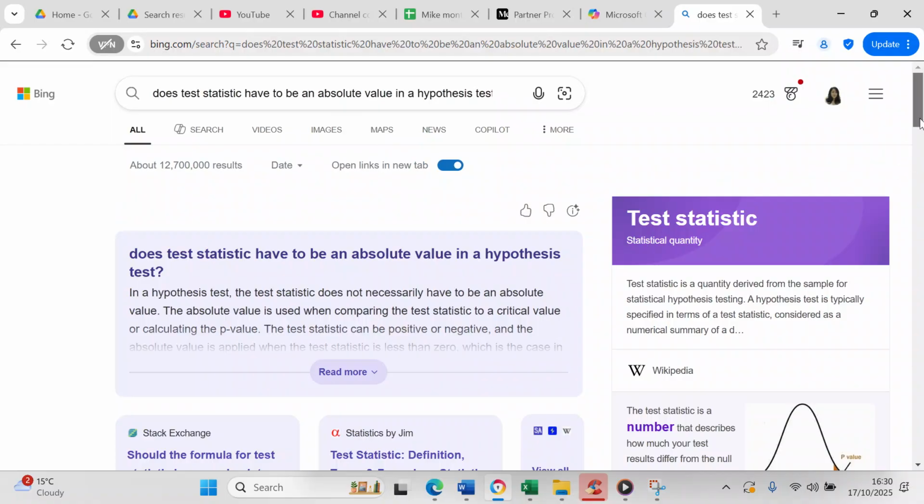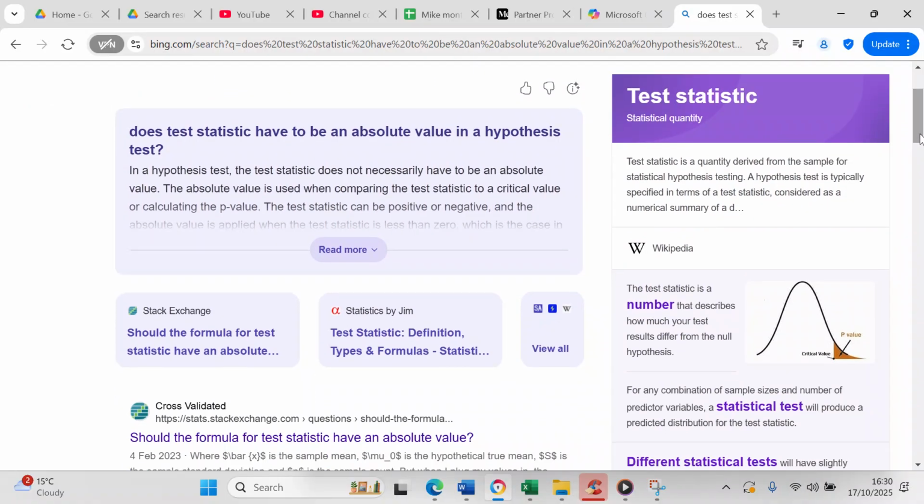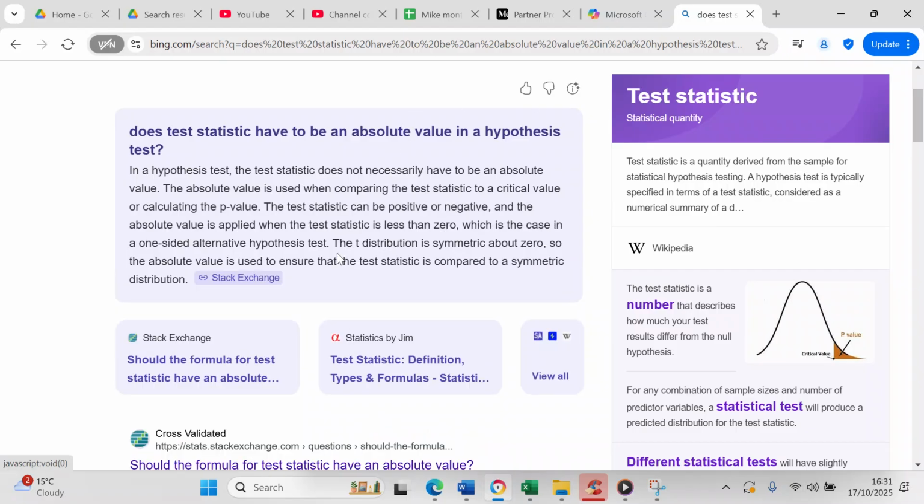It says the test statistic does not necessarily have to be an absolute value. The absolute value is used when comparing the test statistic to a critical value or calculating the p-value. The test statistic can be positive or negative, and the absolute value is applied when the test statistic is less than 0, which is the case in one-sided alternative hypothesis test.